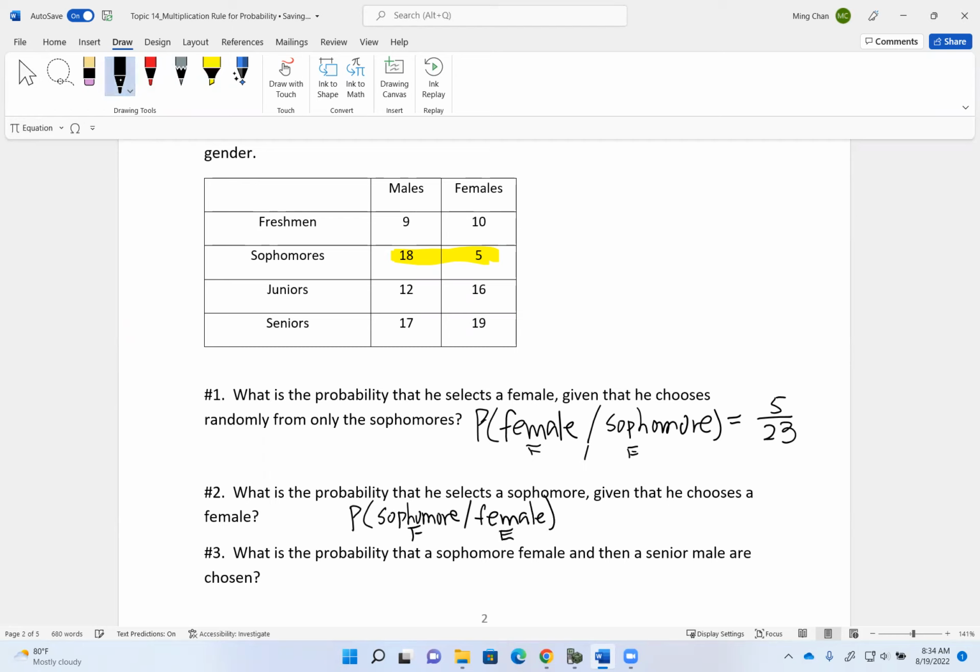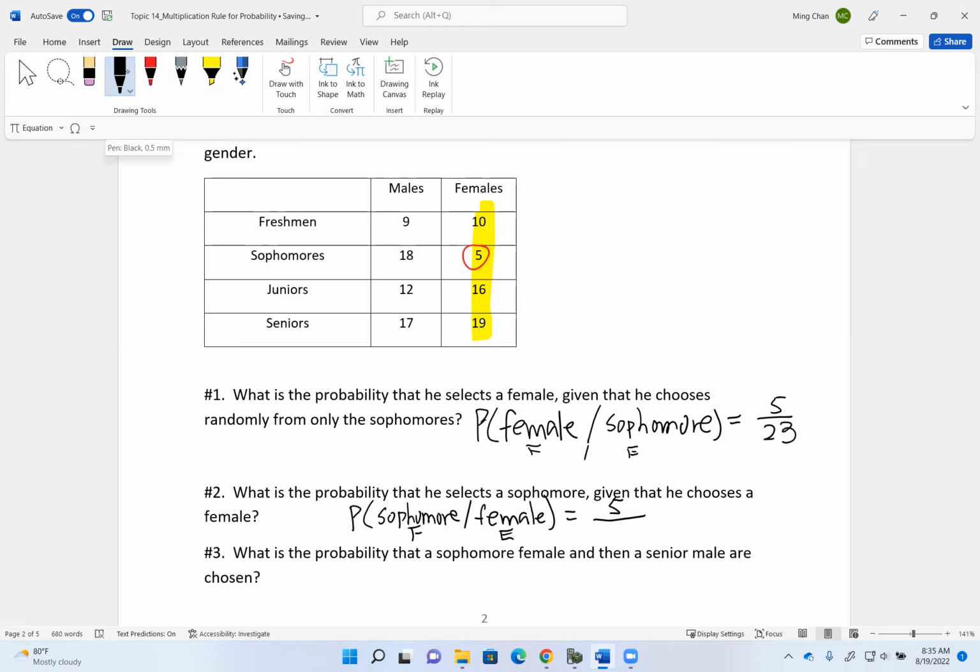Sophomore is the second event. So what's my probability of selecting a sophomore, given that there are females? Sophomore is only 5 again. So this time it will be 5 sophomores, given that it is female.